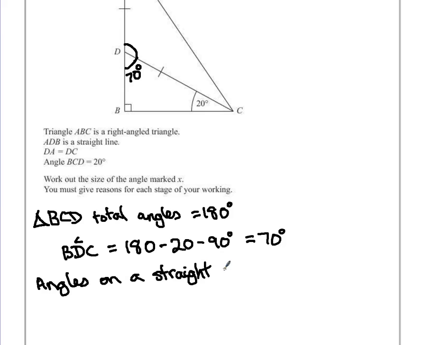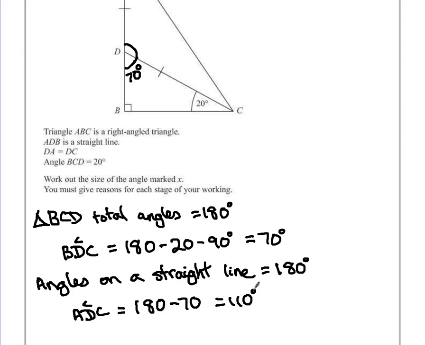So keep a note of it. Every time you use any mathematical fact in a question like this, write it down. Because we know that that one's 70, this angle ADC can be calculated by saying 180, take away 70, which leaves us with 110 degrees.